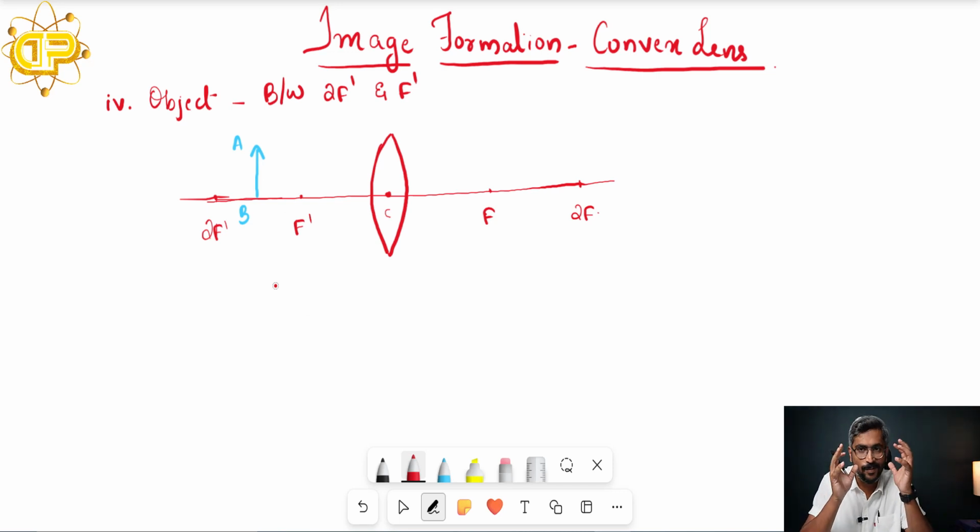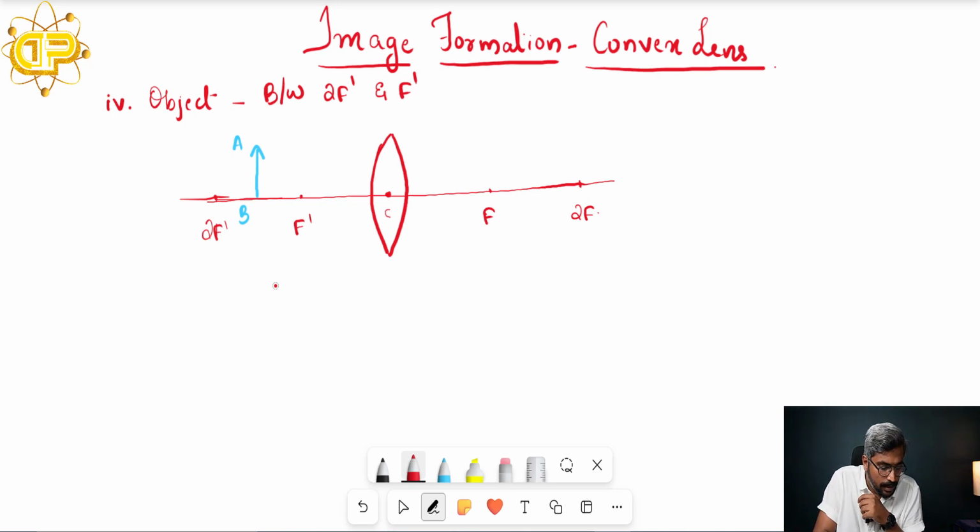So here comes the fourth case: if I'm placing the object between 2f dash and f dash, where will I get the image? And what are the different properties of that particular image? Let us see, an object AB is placed there. You can see in the diagram. What happens here?